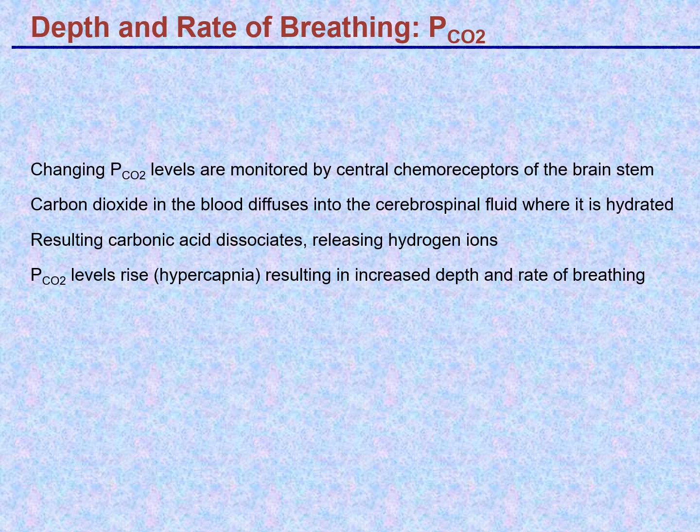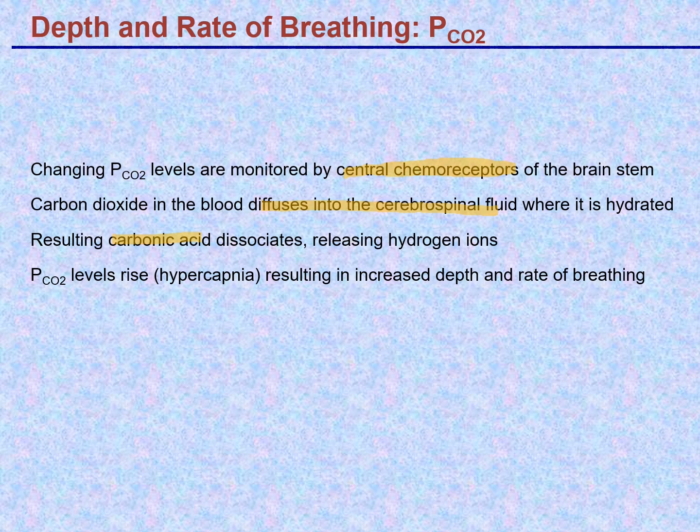If you have more CO2 in your bloodstream, it will diffuse into the cerebrospinal fluid and end up forming carbonic acid and then dissociating to hydrogen ions, just like in the equation I talked about earlier. So that will be detected by the central chemoreceptors. I've already talked about this process when I went through the diagram with you.